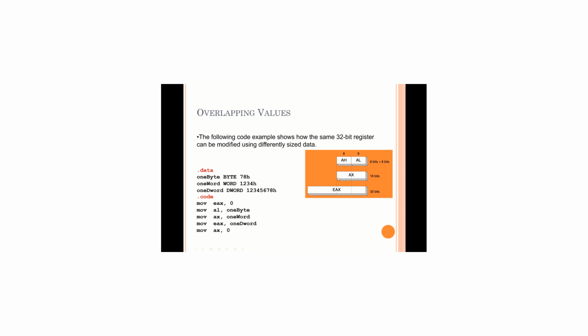So AX is the 16-bit portion of the EAX register. When you move the number 2 into AX, the upper byte is all filled with zeros, and the lower byte is 2. So AL has this lower byte of AX.